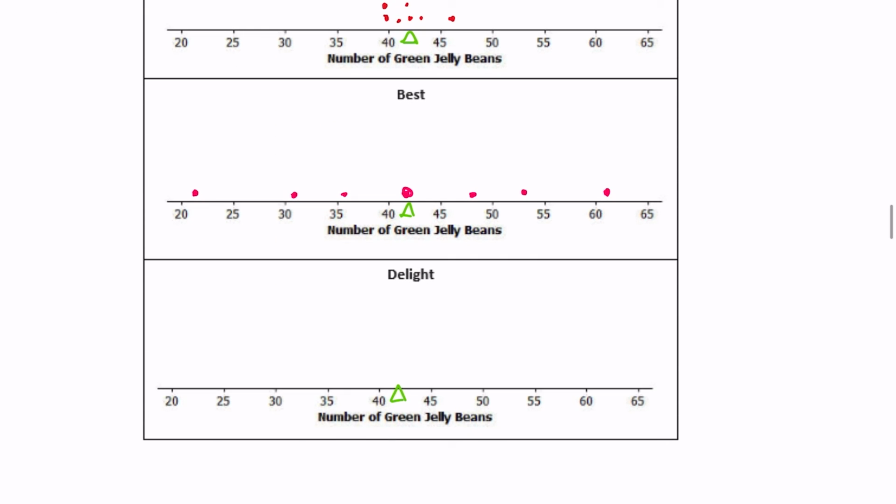For Delight, we have 26, 36, 40, 43, 47, 50, and 52.